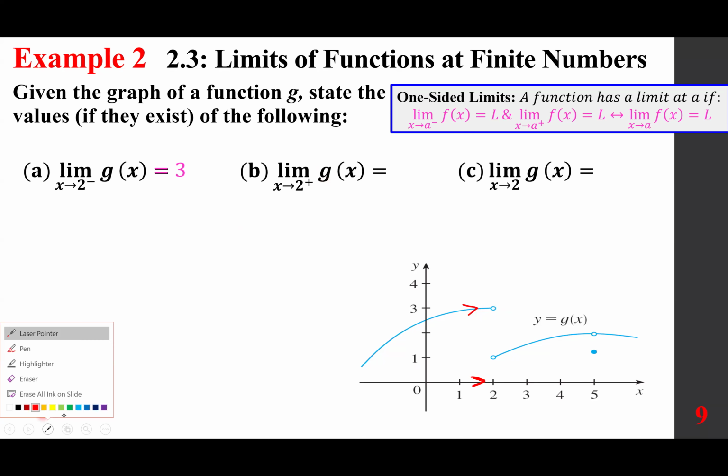From the right, going this way, the right of 2, you're in this branch of the function, moving towards this point, which has the y coordinate 1. Are these two the same? No. The limit of g of x as x approaches 2 does not exist.